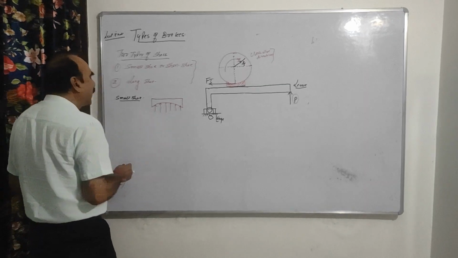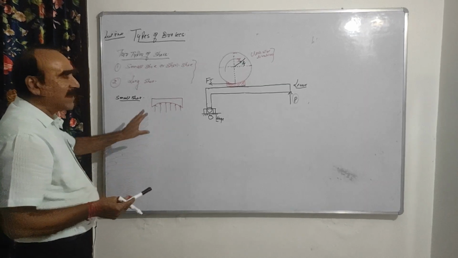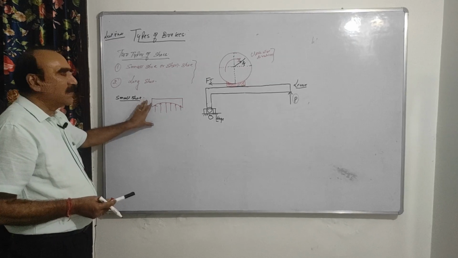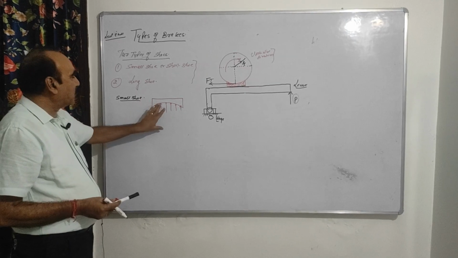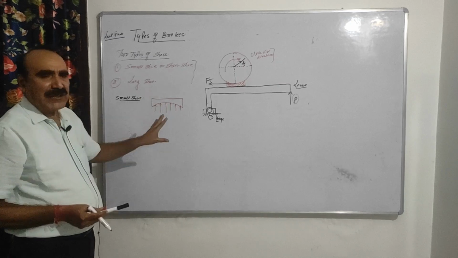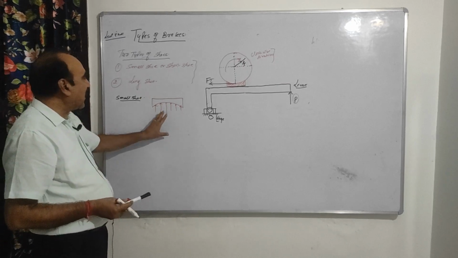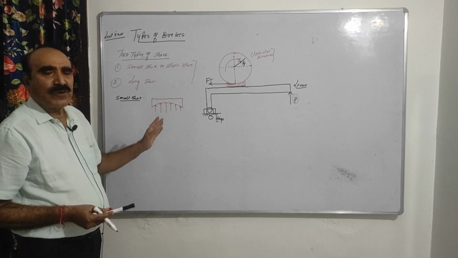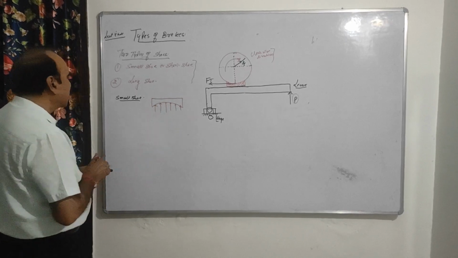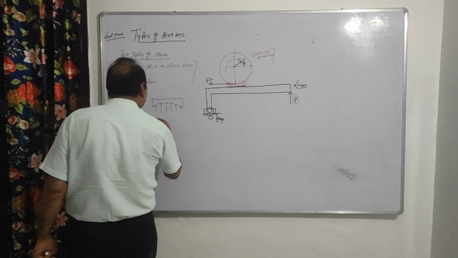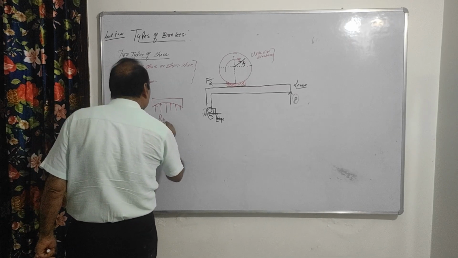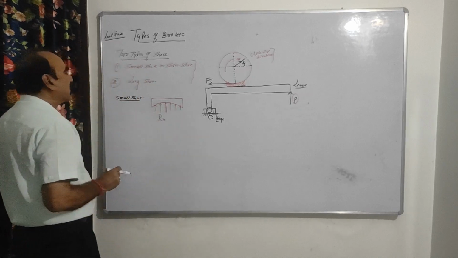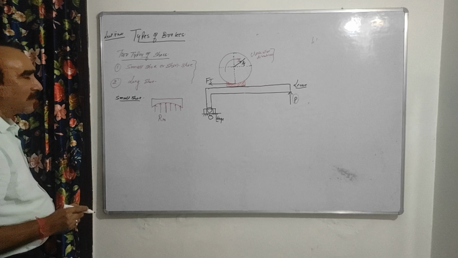But here we will assume that as the cross section is very small, the pressure force acting on the small shoe acts at the center only, and that is only a single force, acting on the center in case of the small shoe.